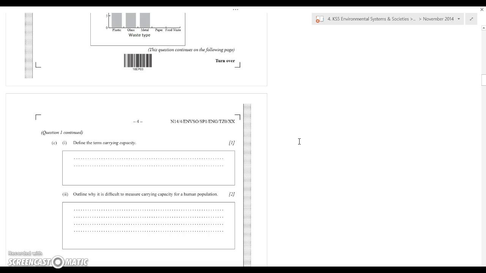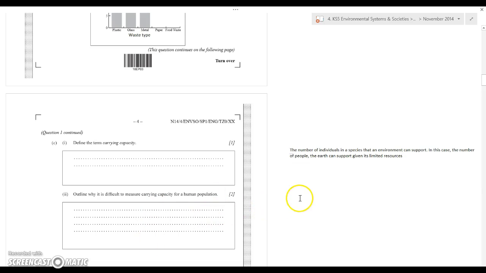Right, so carrying capacity: the number of individuals in a species that an environment can support. If I had lots of time, in this case, the number of people the Earth can support given its limited resources, something along those lines.